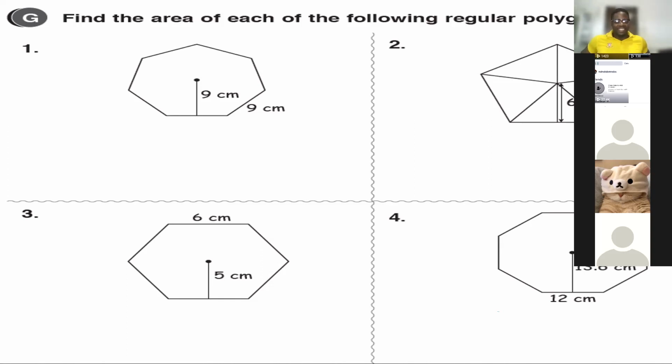Syrup Pop, focus. Okay, 1/2 multiply 7, multiply 9, multiply 9. So what's your answer? Please feel free, you can write the formula first, or not, it's up to you, okay?